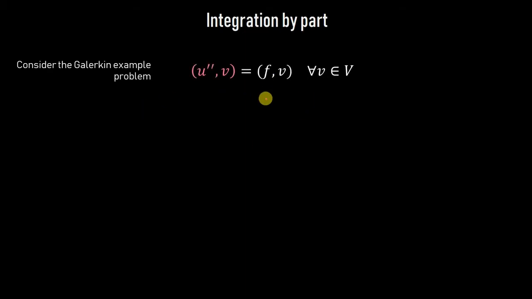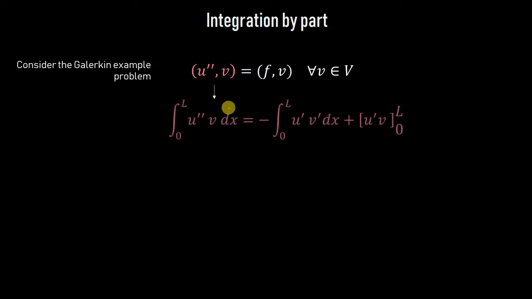So this is the problem that we saw, and we want to convert this now using integration by parts, which we are all familiar with from an introductory integration course. So you convert this into these two terms. This part is an inner product of U double dash with V. Now we have converted it.